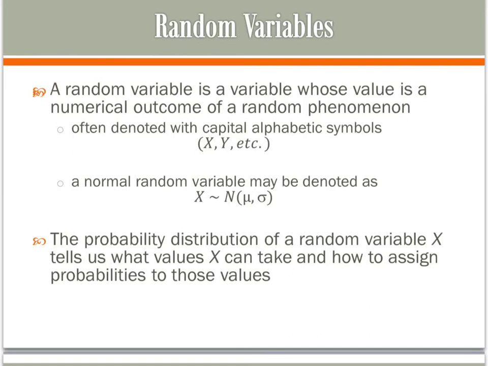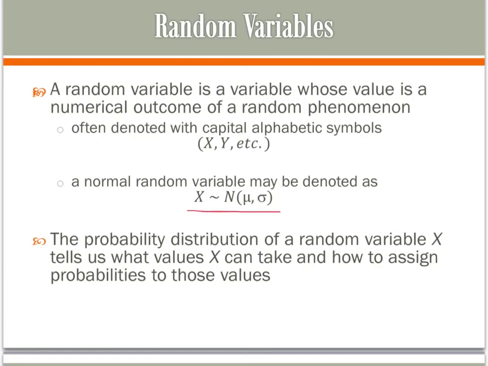Now, a random variable is a variable whose value comes from something random happening. We often use capital letters for them, X and Y. And we would say that the random variable X is distributed normal with mean mu and standard deviation sigma.